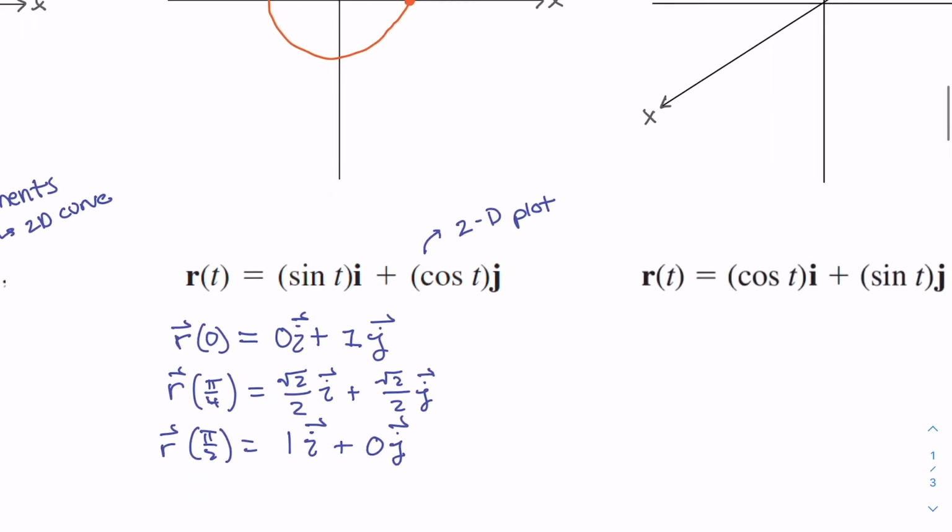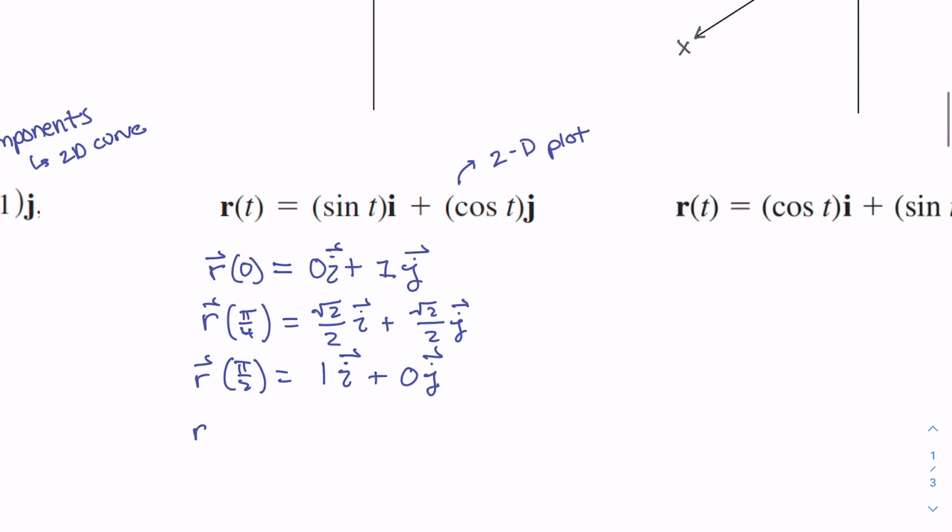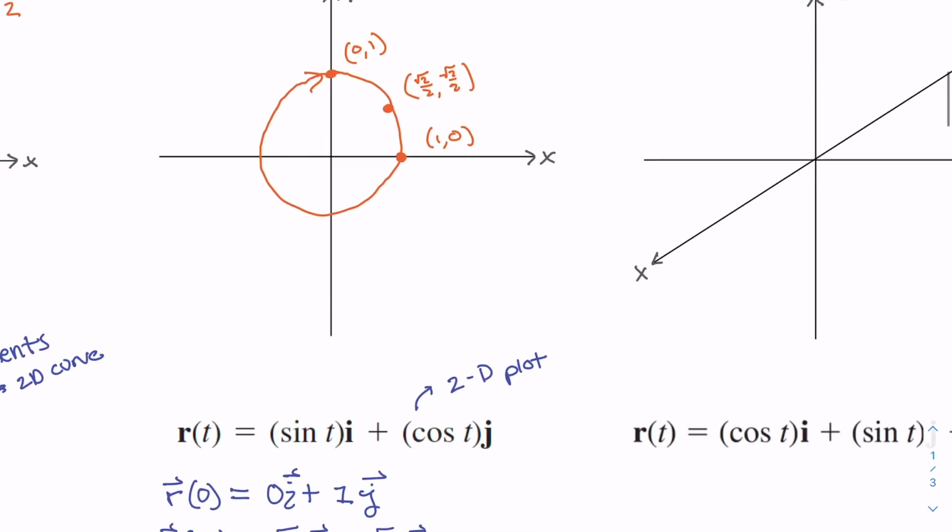And if you plug in t equals 2 pi, so r of 2 pi, that will give you all the way back to 0i plus 1j. So plugging in 2 pi gives you one full rotation, and you come back to where you started. And by increasing t further, you continue to trace out the unit circle over and over and over.